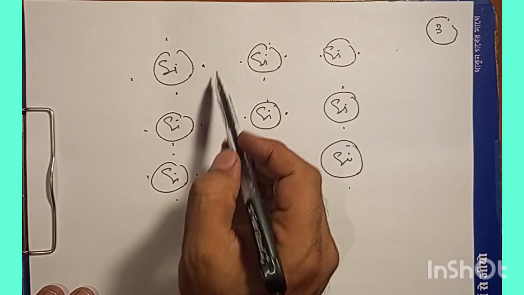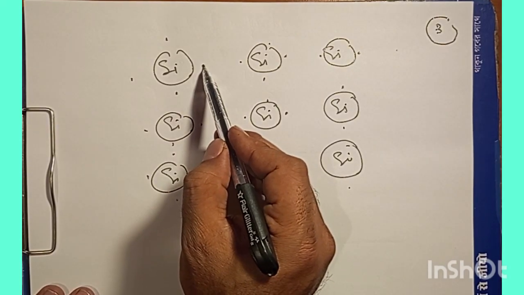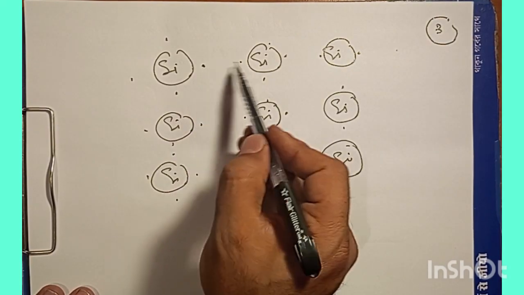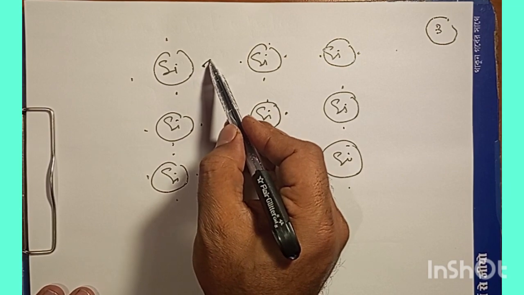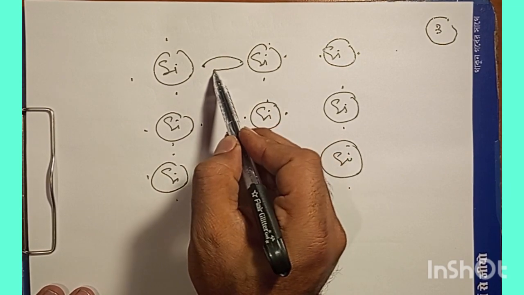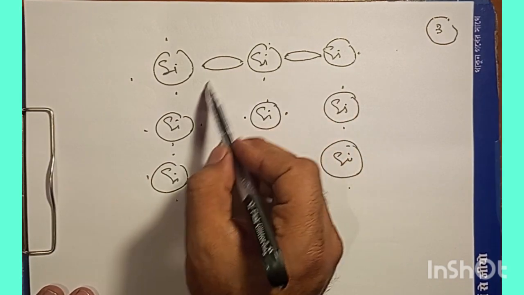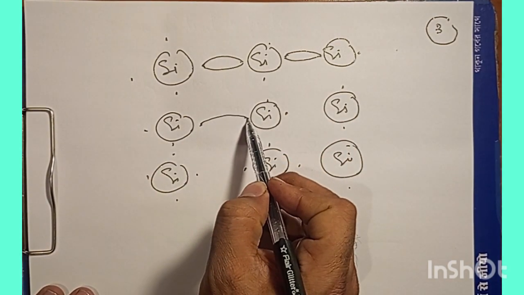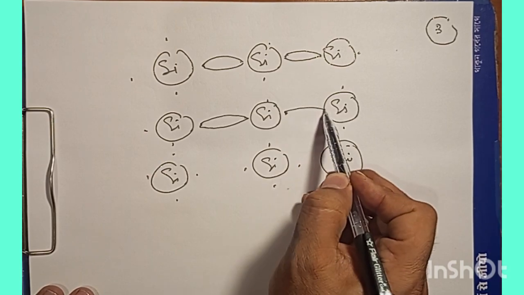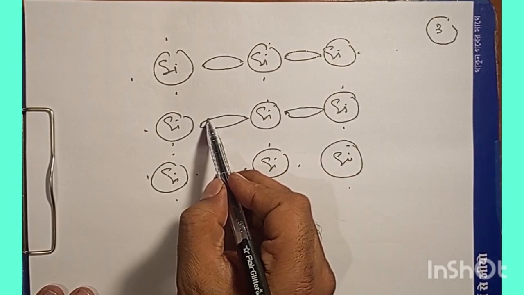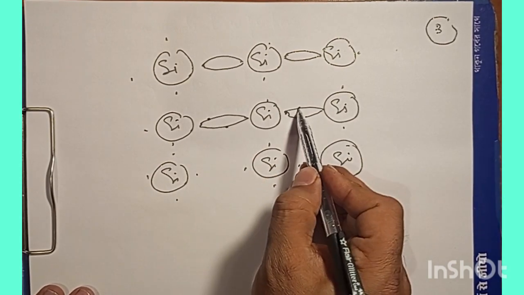There are bonds between silicon atoms, so there is mutual sharing of these electrons, right?